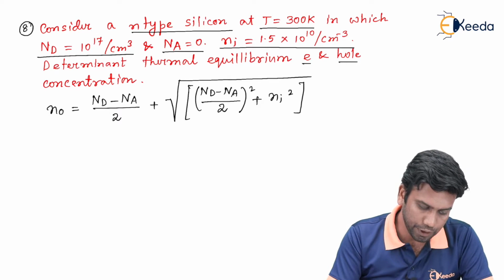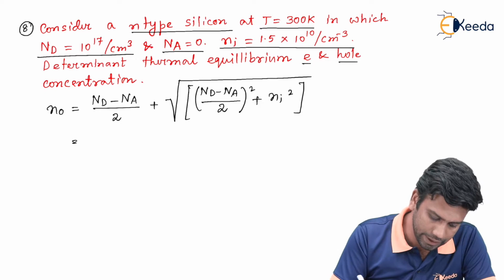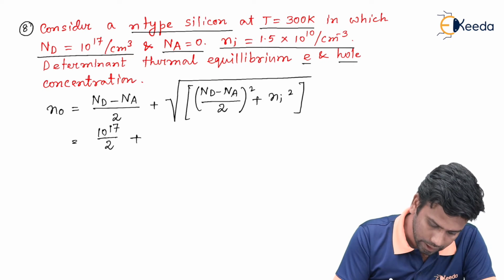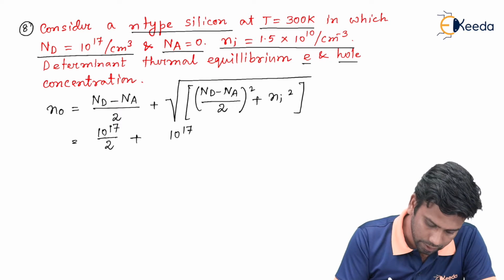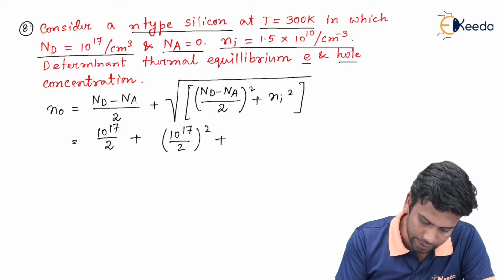From this equation we can see that Na is 0, so the Nd value is given. If I put the Nd value, it is 10 to the power 17 by 2 plus root over (10 to the power 17 by 2) whole square plus Ni value is given.